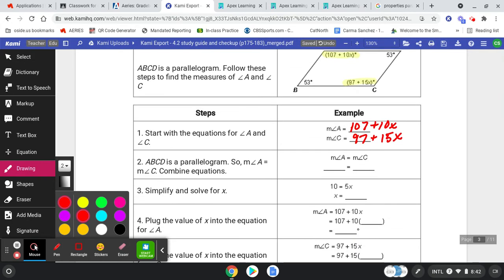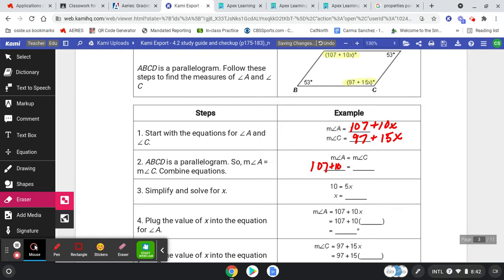Since we know that opposite angles are congruent, can't I set those two expressions equal to each other? 107 plus 10x is equal to 97 plus 15x. We're going to start by subtracting 10x from both sides.